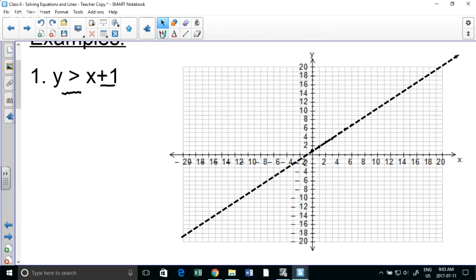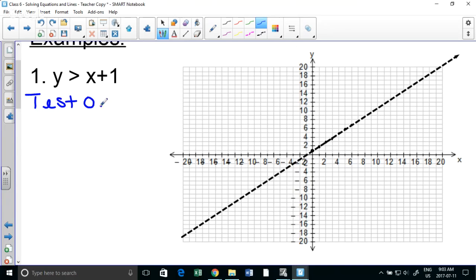Now you're going to take a test point to see which one of these works. Because it doesn't pass through 0, 0, it's easier if you test 0, 0. So you plug it in. Is 0 greater than 0 plus 1? Is 0 greater than 1?